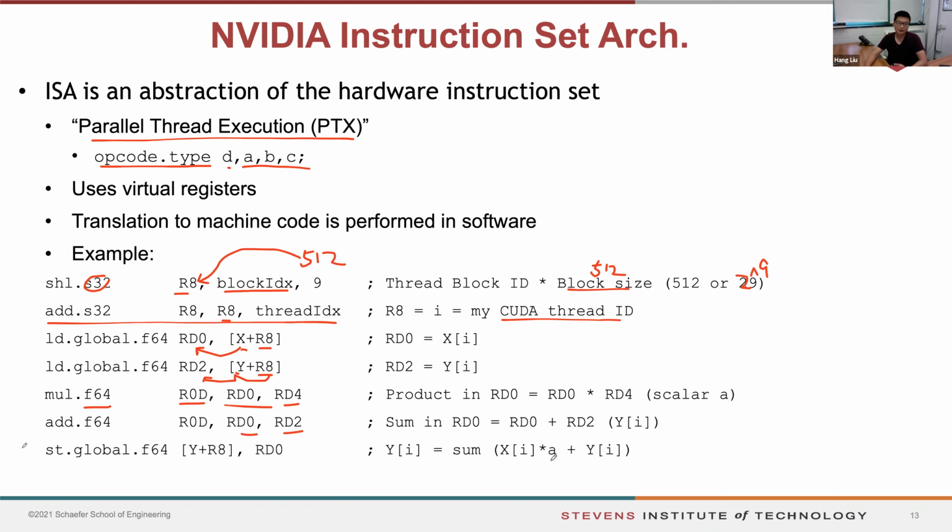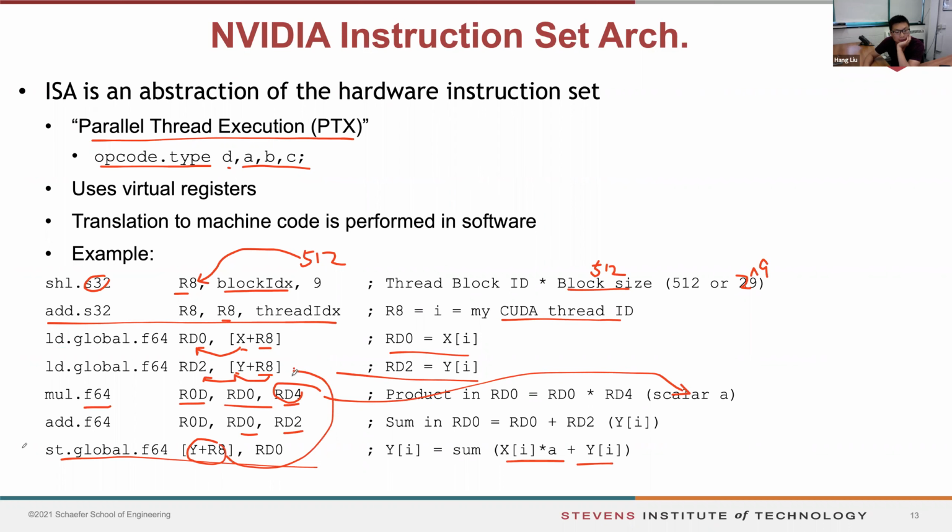This is the same as a times x[i] plus y[i], because this is y[i], this is x[i], and we assume RD4 is the scalar a. Then we store the result back to y[i]. So this is the PTX code of CUDA's implementation of SAXPY.